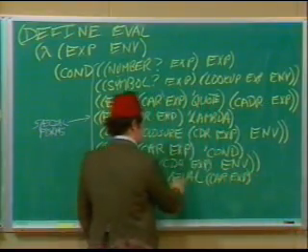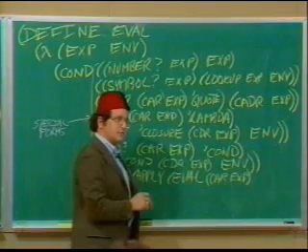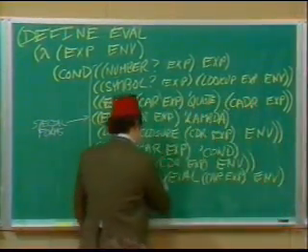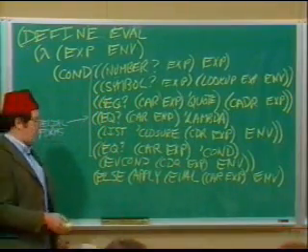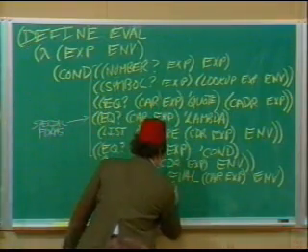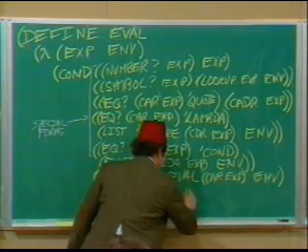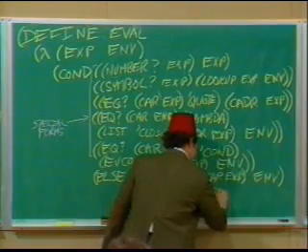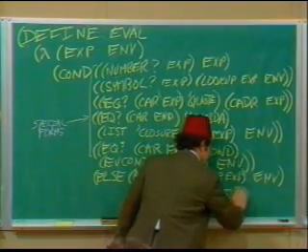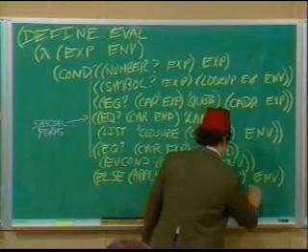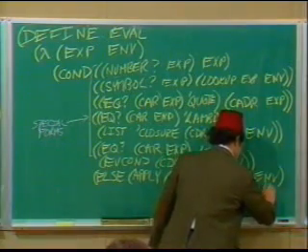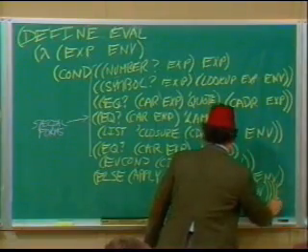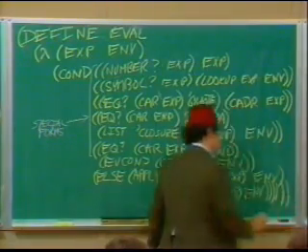The car of the expression is the operator. In the environment given, so evaluating the operator gets me the procedure. And now I have to evaluate all the operands to get the arguments. I'll call that evlist. The cdr, that's the operands of the expression with respect to the environment. Evlist will come up later. Evlist, apply, compare, cond, lambda, define.